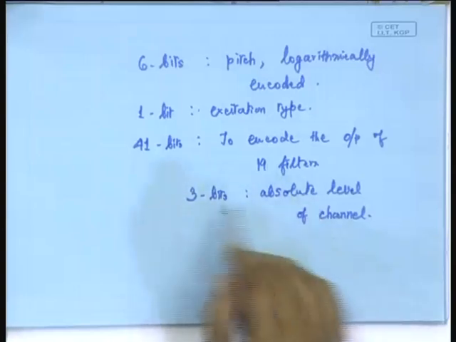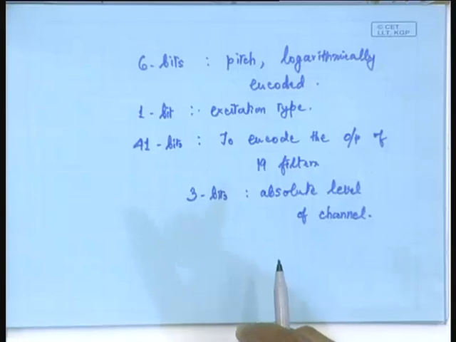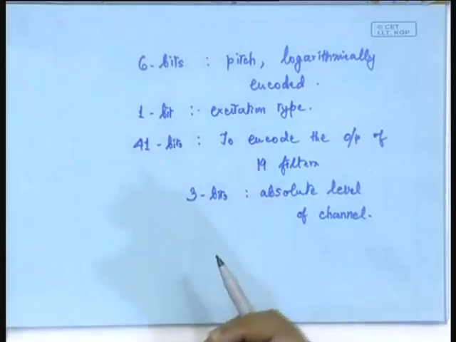So that requires 3 bits, and then from channel 2 onwards we do not encode the absolute level, rather we just encode the channel to channel difference. Okay.